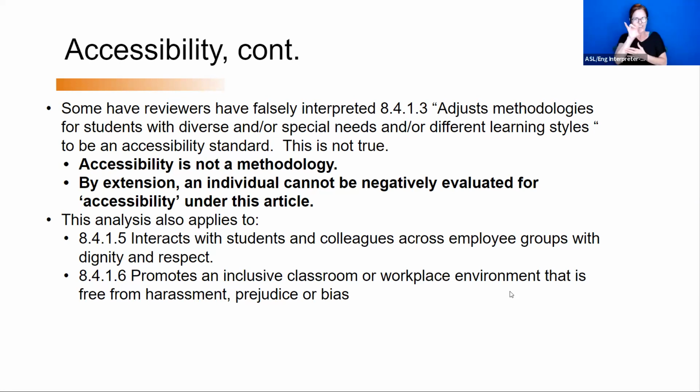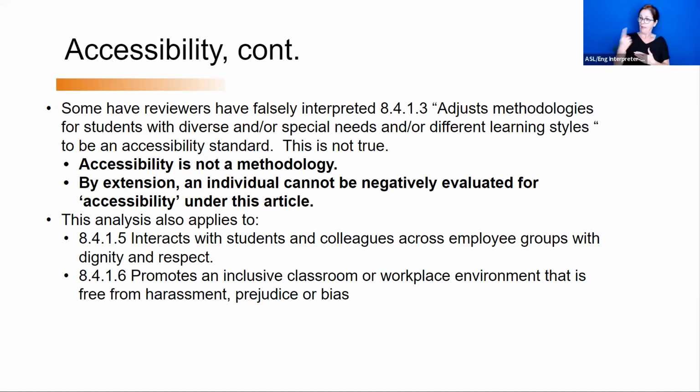Sorry to interrupt. Would you be able to clarify what exactly then 8.4.13 means? So, for example, when we talk about different learning styles, it could be that, do you do small group work? And when you talk about diverse or special needs, it's also about diversifying curriculum if students have asked for particular help in a particular way.